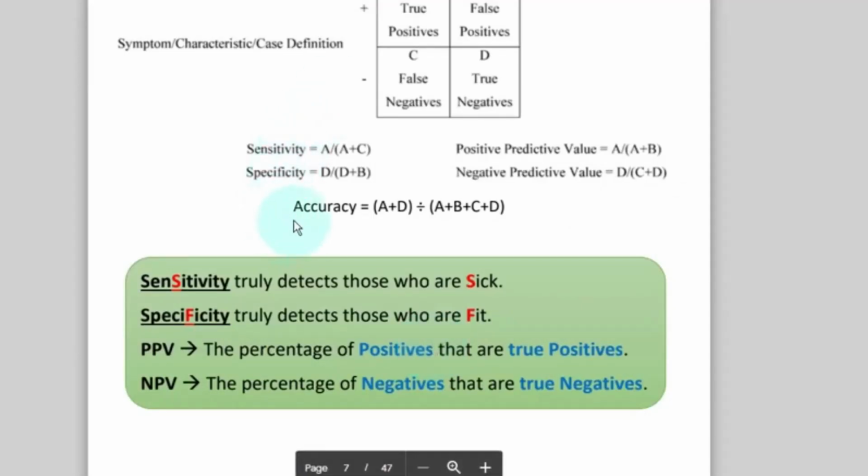Now what is accuracy? A test should be highly sensitive as well as highly specific. Keep in mind, a test should be highly sensitive as well as highly specific. A test which is highly sensitive but not specific is of no use, because it is a wastage of time and cost.